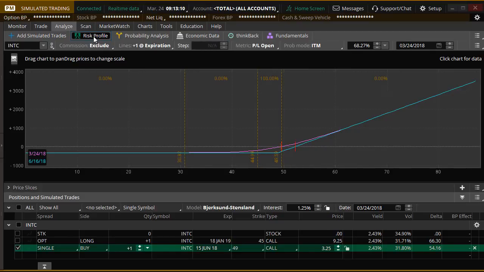We buy a call option, and notice we have unlimited upside potential here, but why the straight line here? The reason is because the call option can only lose how much you've put into the trade.